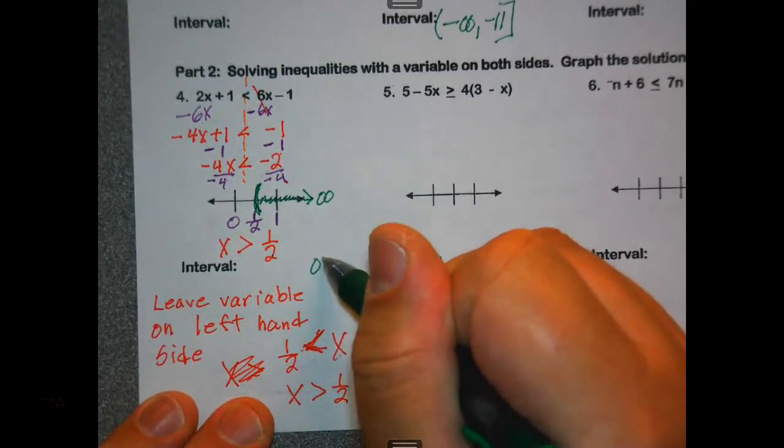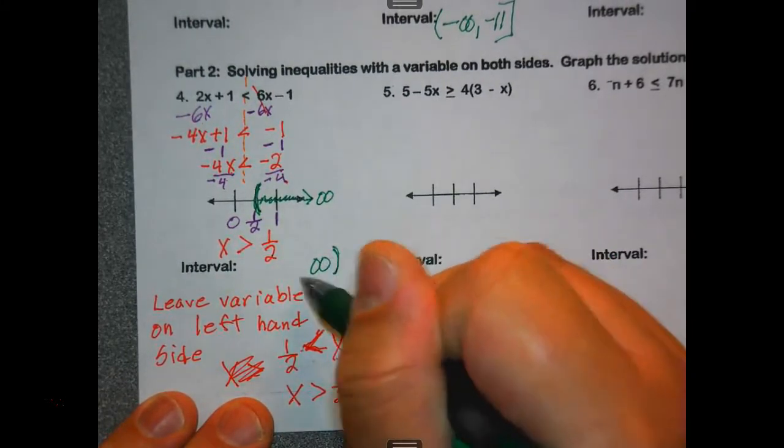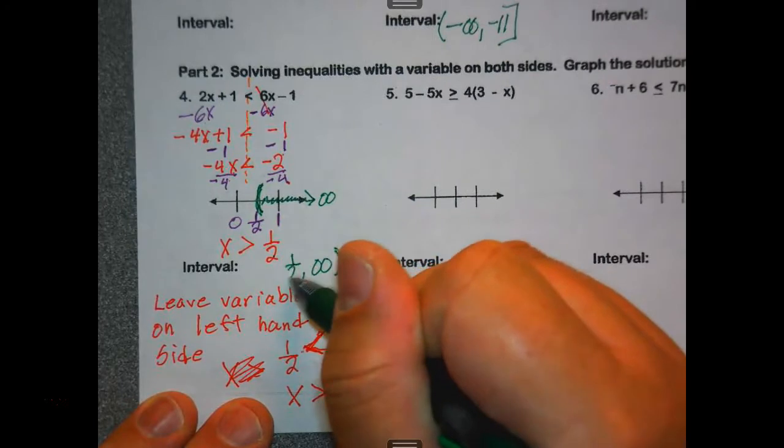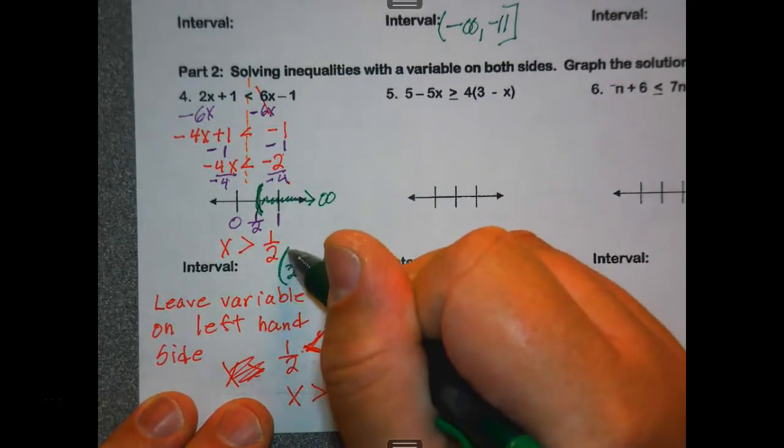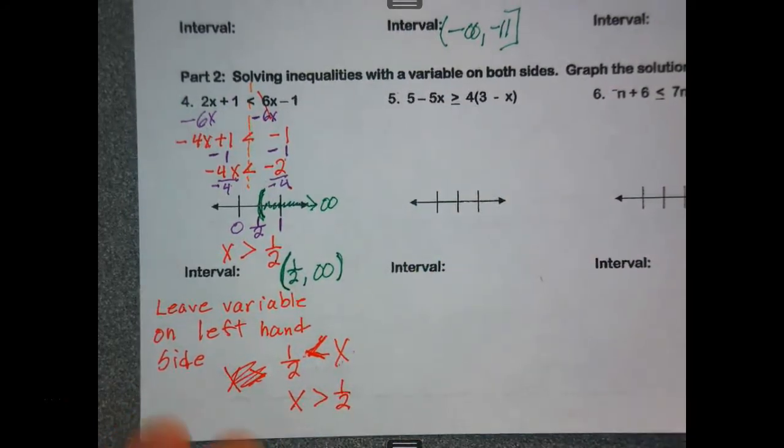Positive infinity is always on the right-hand side with a parenthesis. It means 1/2 goes here, and we are not including it because there's no equal sign. That helps clarify a few things. You solve it just like an equation, but with inequalities, and you have to watch for that multiplication by a negative.